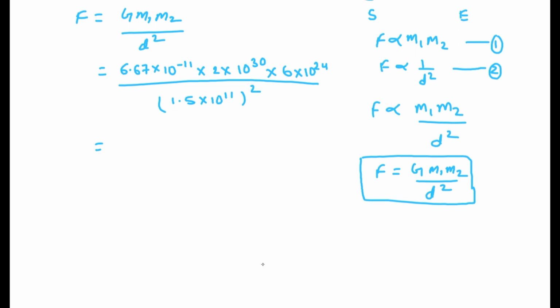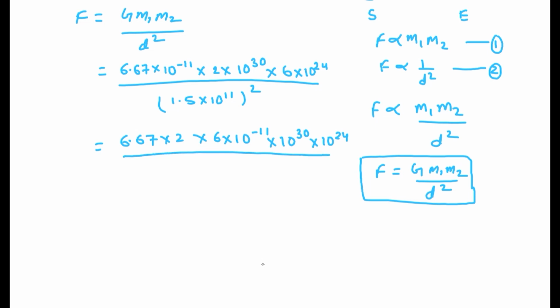First of all, arrange all the numbers, 6.67 into 2 into 6, and arrange the powers of 10 in one place: minus 11, 30, and 24. And 1.5 whole square means 1.5 into 1.5. Here we also have 10 to the power 11 into 10 to the power 11.